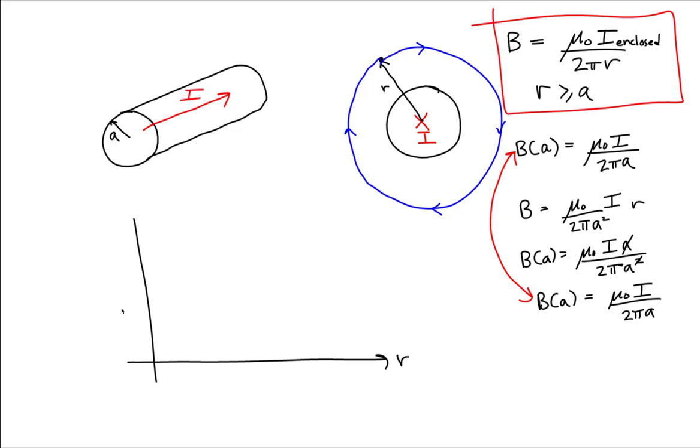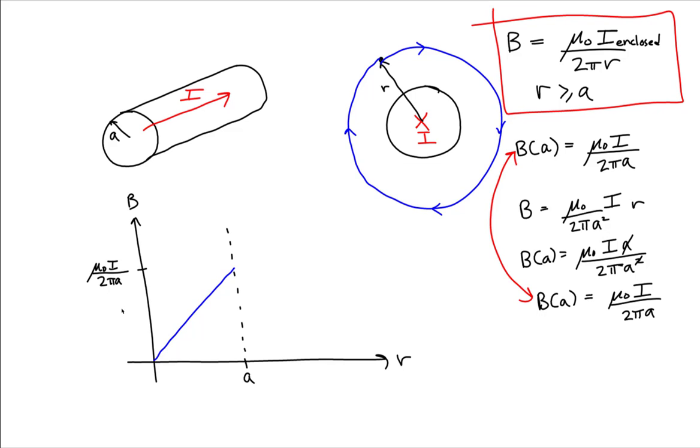If the horizontal axis represents radius and the vertical axis represents magnetic field, and we have the surface of the cylinder at point a on the horizontal axis, from our result, we know that the magnetic field varies linearly when we are inside the cylinder until we get to a value equal to mu naught I over 2 pi a.